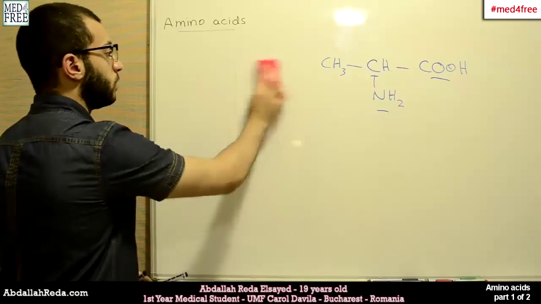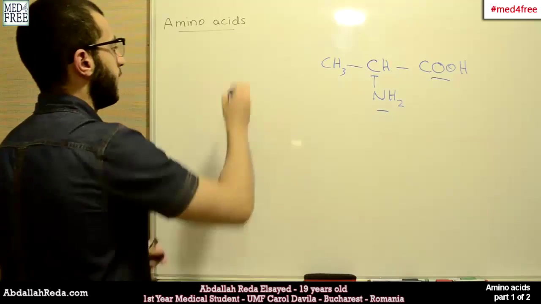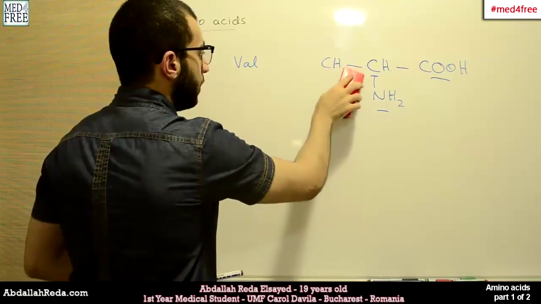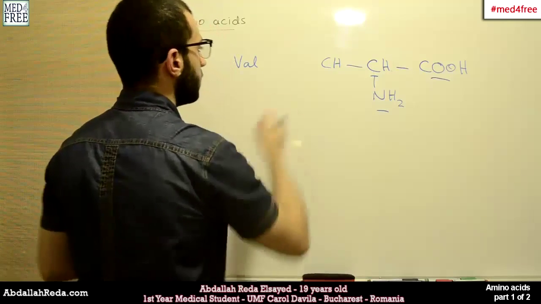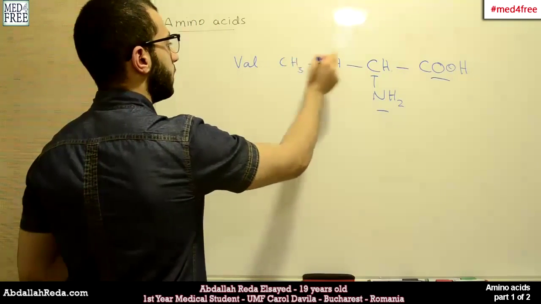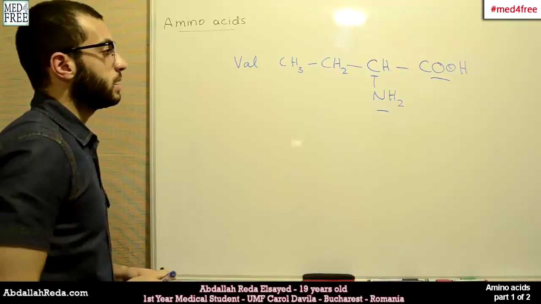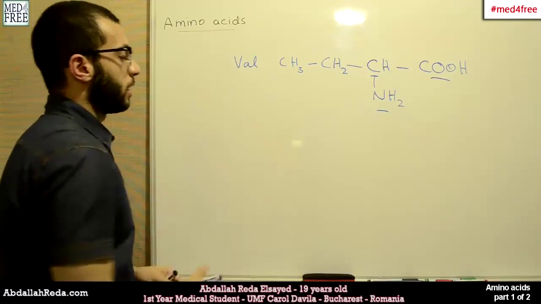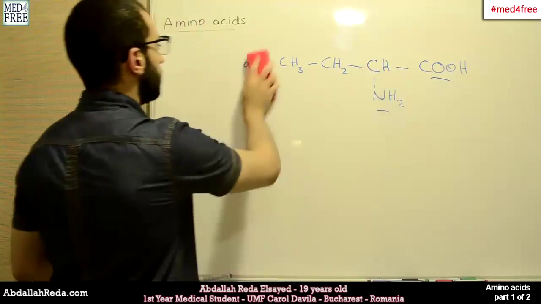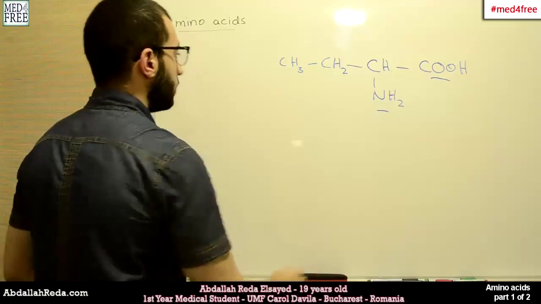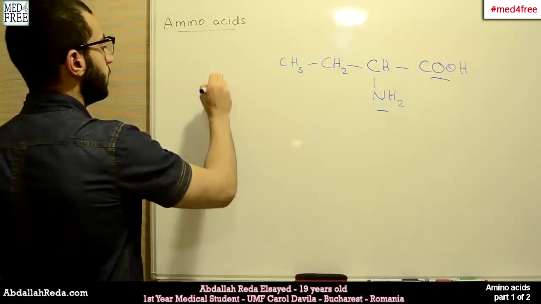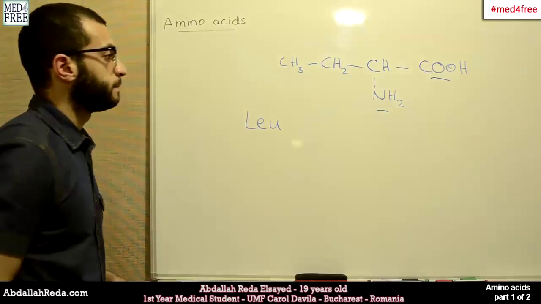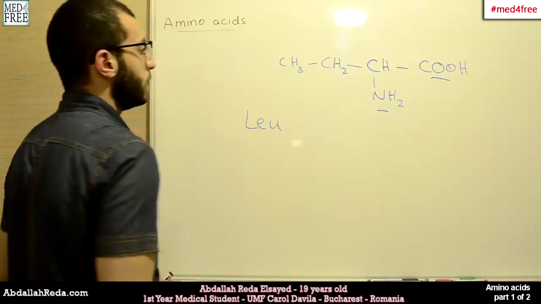The next one is called valine, abbreviated VAL. Then you add an extra methyl group, like that. This is valine. See, we are adding up carbons. The one after valine is called leucine, abbreviated LEU.